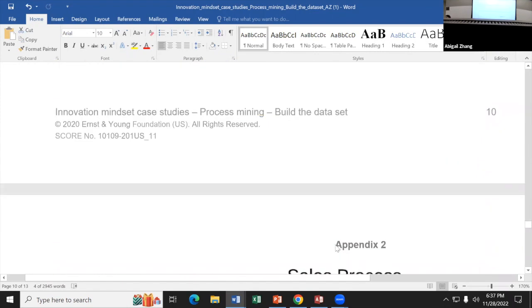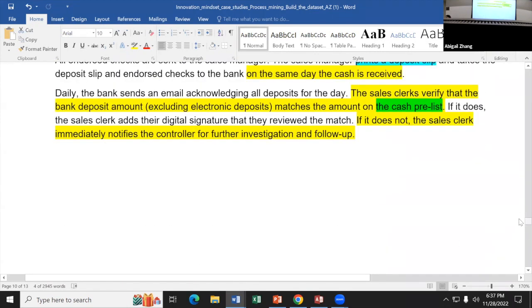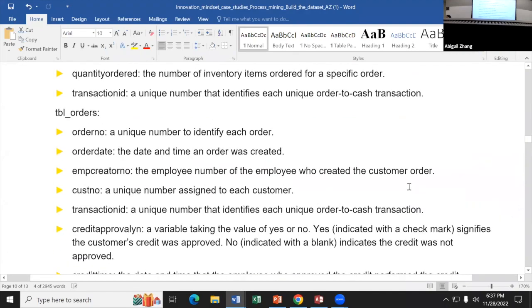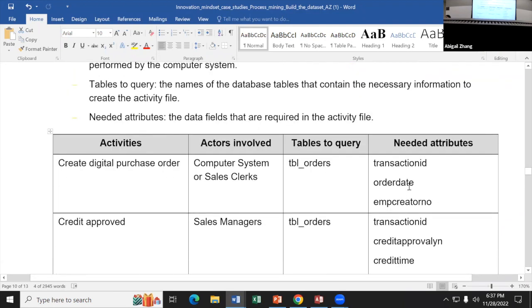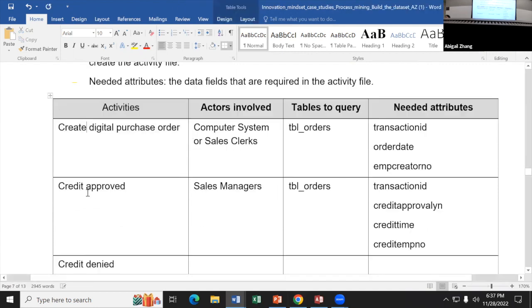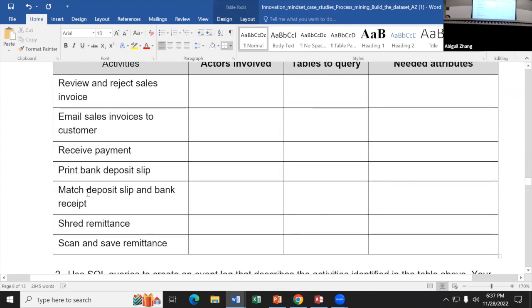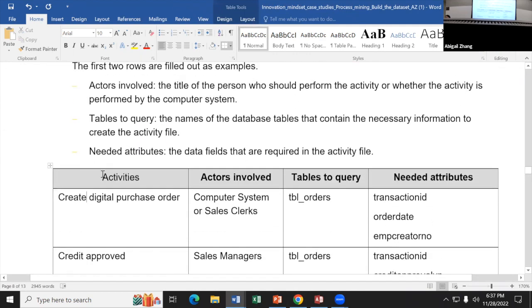Now our next step for today is to look at the table on page number 7. This table lists the major activities that we just talked about, although they are more granular in some cases.